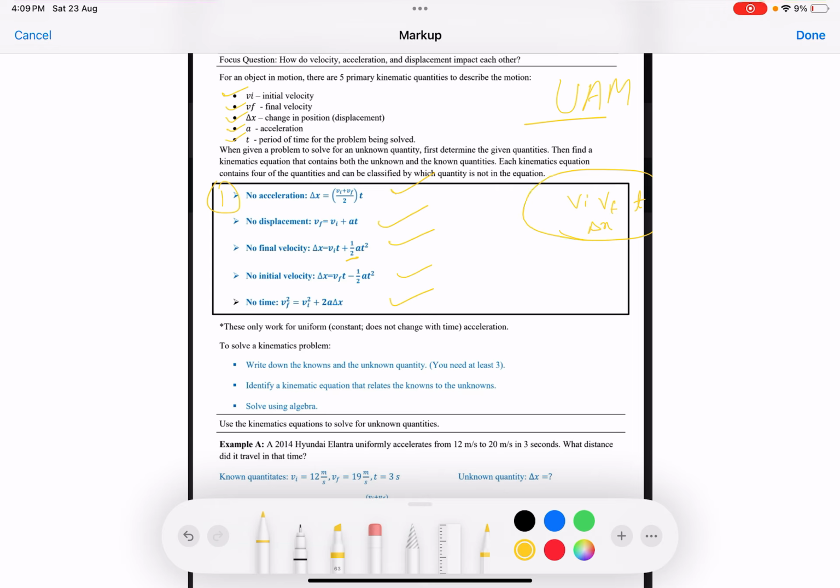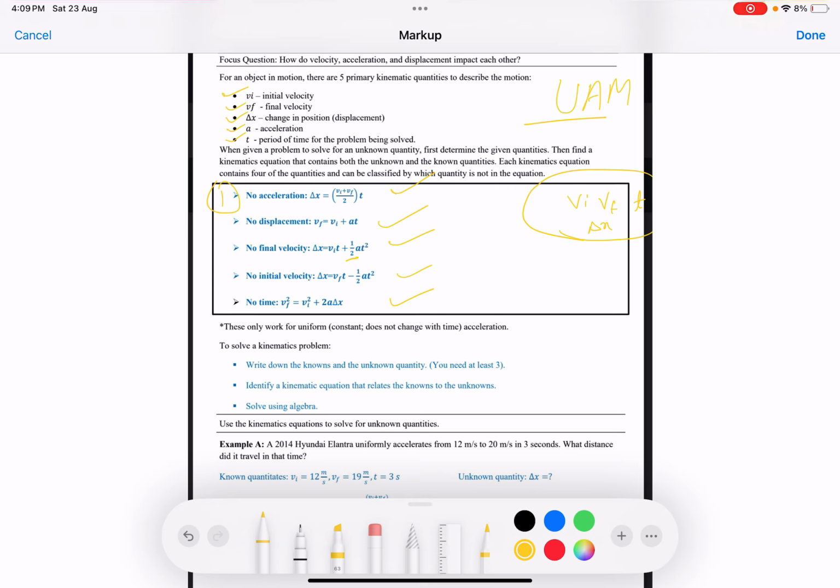Similarly, you just find out the 3 kinematic quantities from the word problem, and write down the 4th quantity you need to find. Now just look at those 4 kinematic variables, and look at the formulas. You will get a hint about which formula to apply.